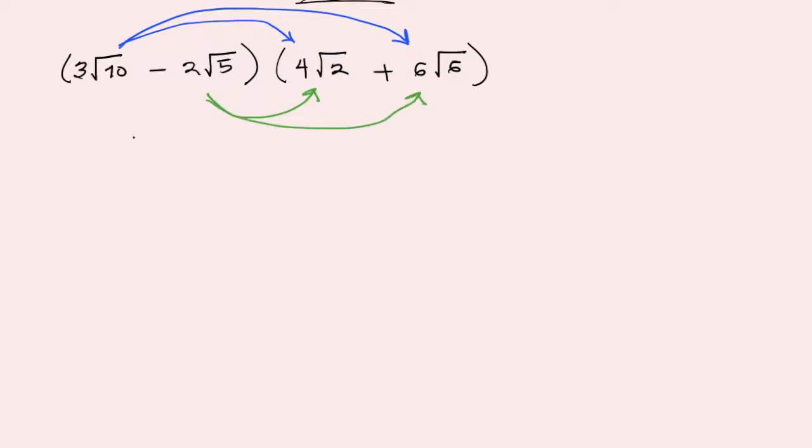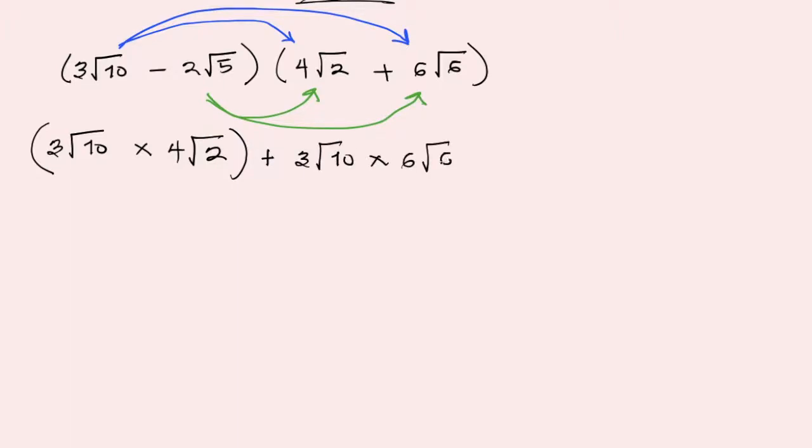Okay, so let's go. So that's 3 root 10. So 3 root 10 multiplied by 4 root 2, and then plus 3 root 10 multiplied by 6 root 6, and then this is minus 2 root 5 multiplied by 4 root 2.